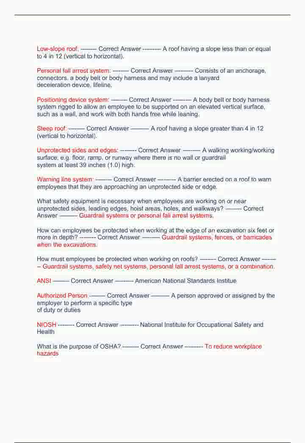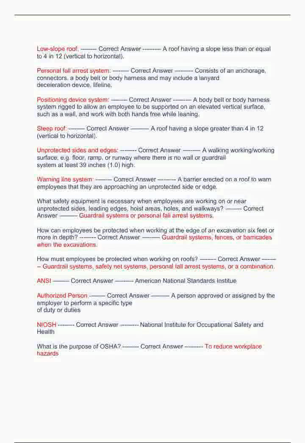How can employees be protected when working at the edge of an excavation 6 feet or more in depth? Correct answer: guardrail systems, fences, or barricades. How must employees be protected when working on roofs? Correct answer: guardrail systems, safety net systems, personal fall arrest systems, or a combination.